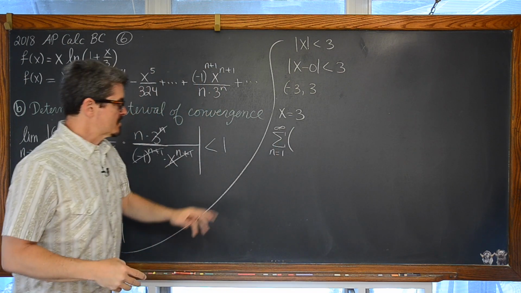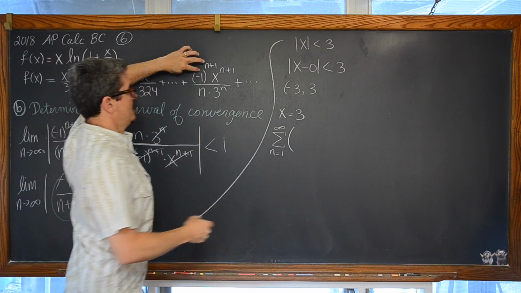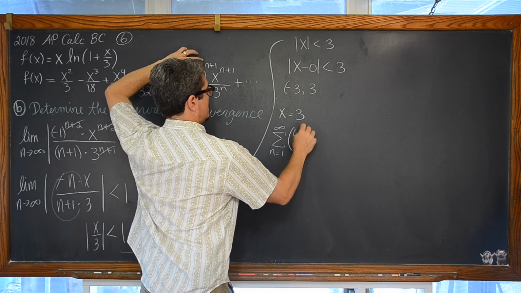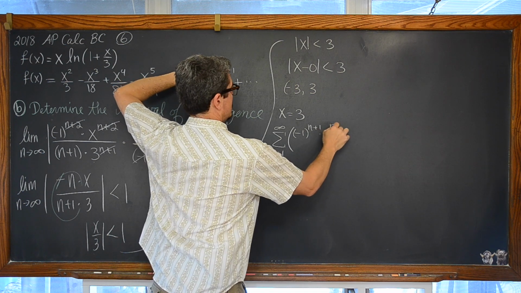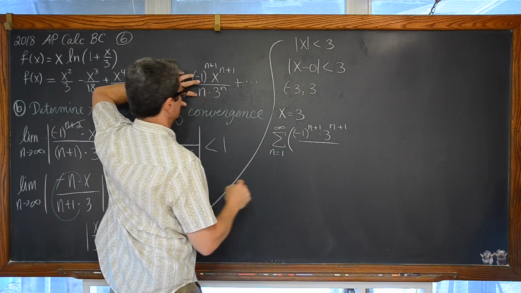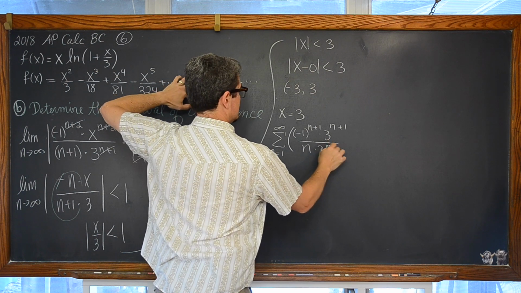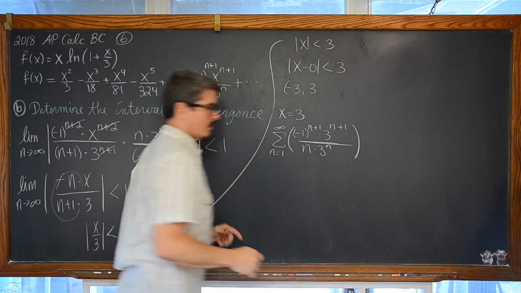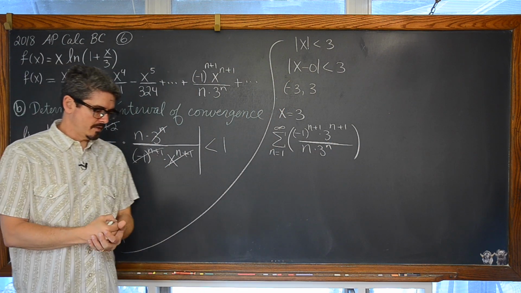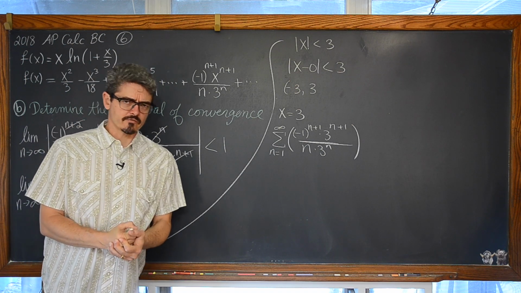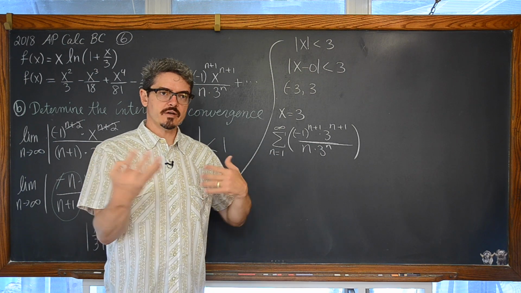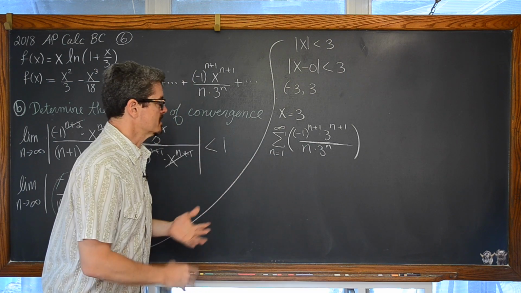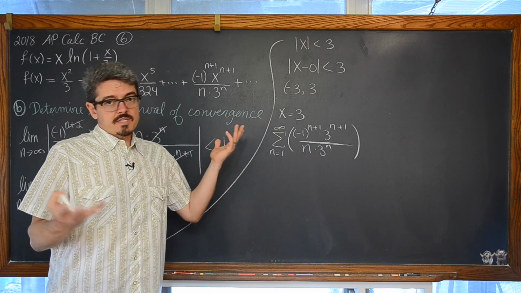So we have the summation where n starts at 1, goes to infinity, one more time, of (-1)^(n+1) times 3^(n+1) over n times 3^n. Problems like this are really why in Chapter 9, with all of your interval of convergence tests, this final step of finding your Taylor and Maclaurin series is testing the endpoints.